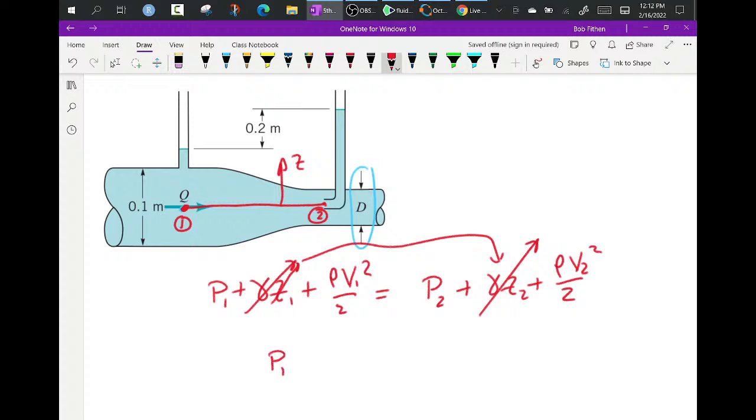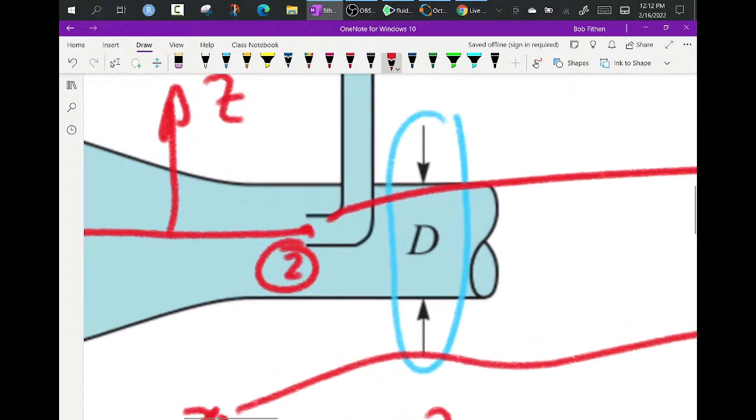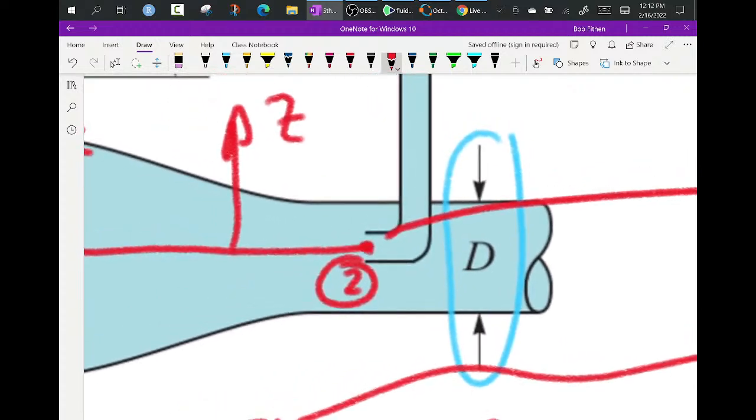P1 can be replaced by this value of k. So what I'll do is it will be an unknown value of k times gamma, V1 squared over 2 is equal to, now here's your P, this is stagnation. So the V2 is equal to 0, meaning a particle will stagnate right here. One that comes next to it might go up and around. But this whole face is stagnant.